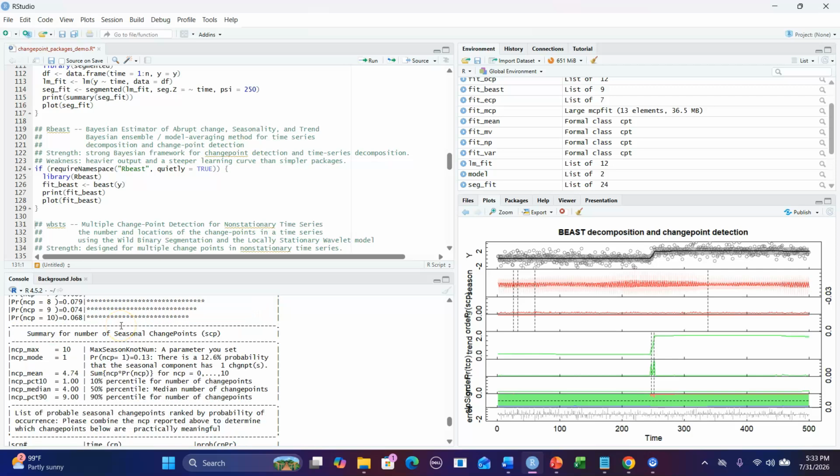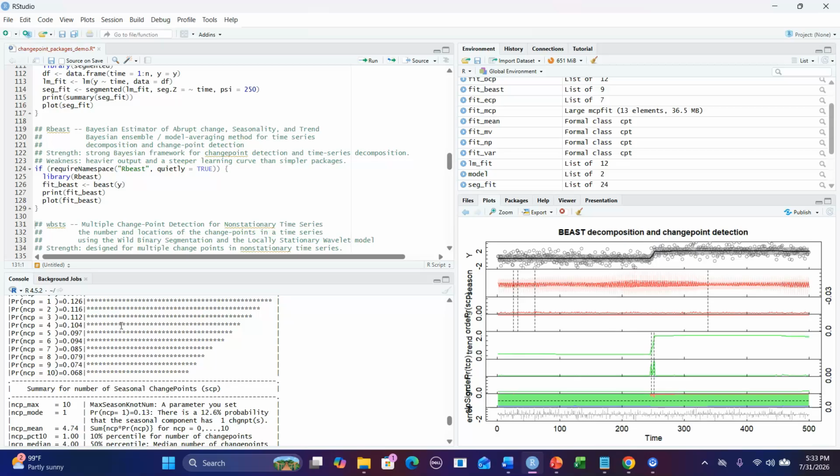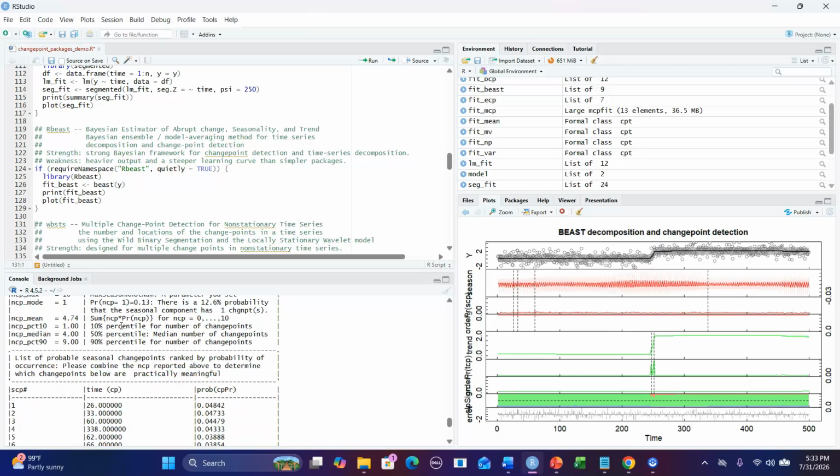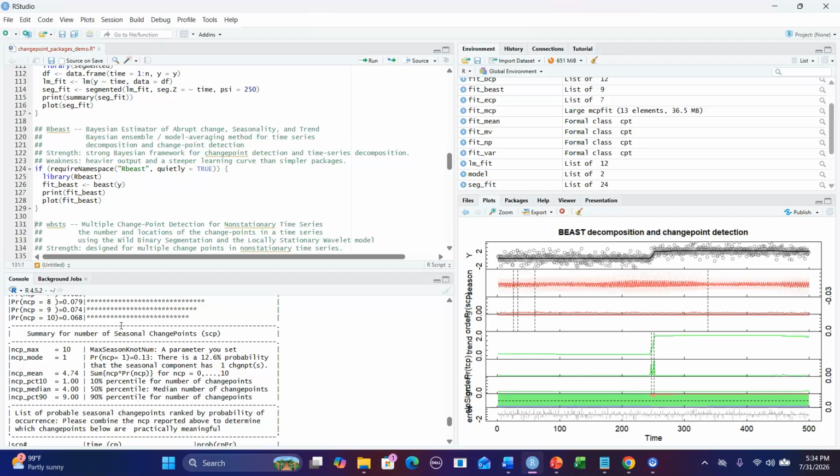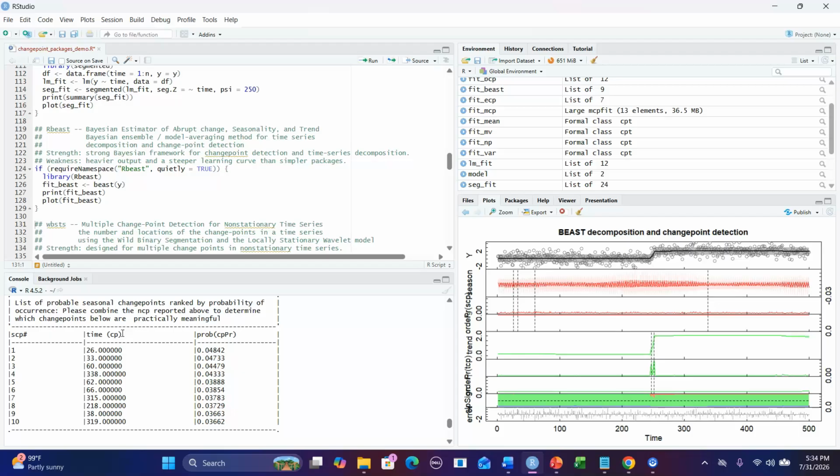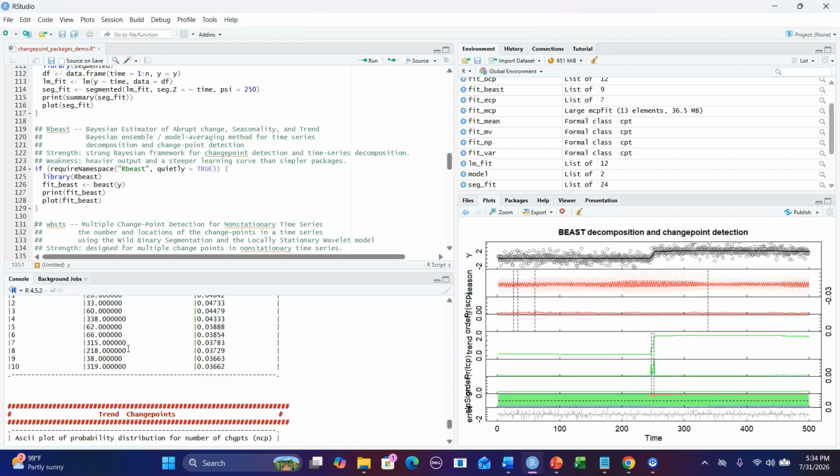So it has detected multiple change points there, but some are really structural change points and some are seasonal change points. There are about 4 seasonal change points, and it gives you the probability of seasonal change points and their locations.